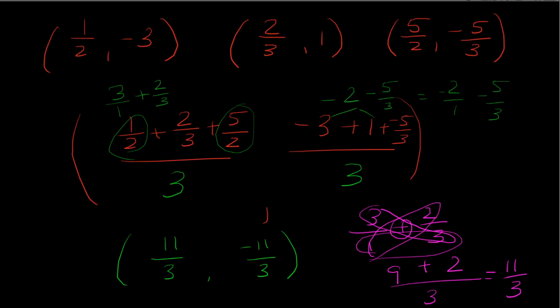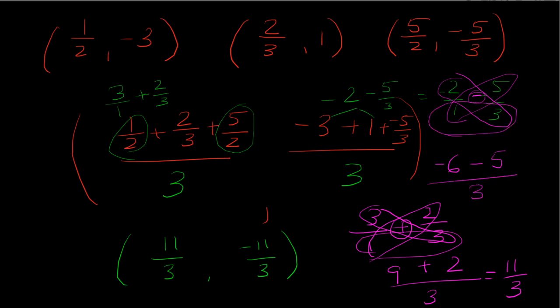And for the next one, think of it as negative 2 over 1 minus 5/3. So it'd be negative 2 times 3, which is negative 6. This says minus 5 times 1 is 5, over 1 times 3 is 3. Okay, so that would just be negative 11 over 3. So that's how you calculate the centroid.